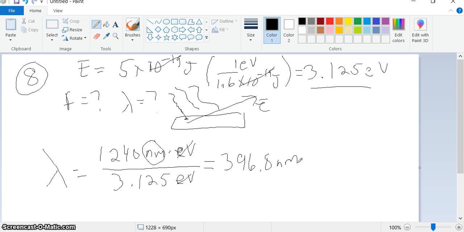All right, so that's the wavelength, and of course to figure out the frequency, f, it is just going to be the speed of light divided by the wavelength, right? And of course the wavelength has to be in meters, but that's easy to change if you know your metric prefix, nano. Remember, nano, lowercase n, means times 10 to the minus ninth.